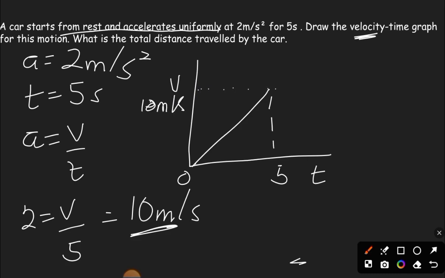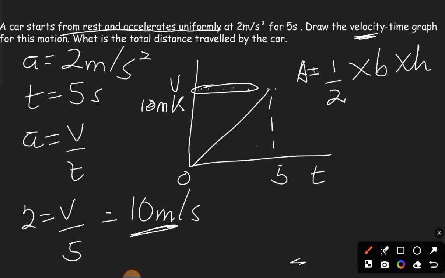The next question is, what is the total distance traveled by the car? Now, the diagram that represents the question looks like a right angle triangle. And I said that to find the total distance traveled, find the area of the figure. This figure here is a right angle triangle, and the area of a right angle triangle equals half times the base times the height.